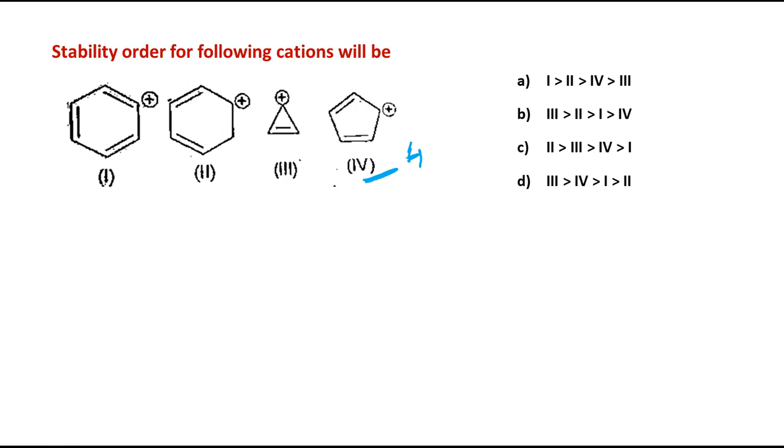Okay, so 4 pi electrons, which matches the 4n pi rule, where n is 1. And the other factors for anti-aromaticity, that is cyclic, conjugation is present, the molecule is flat, all the factors are present. That means this is anti-aromatic.